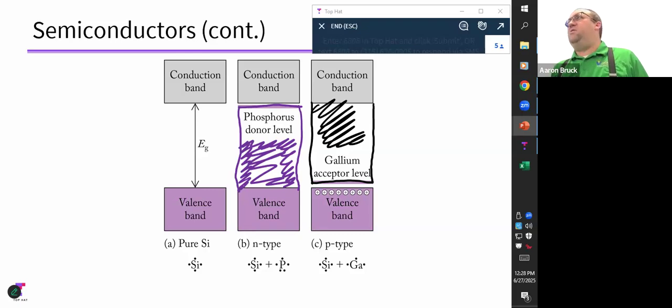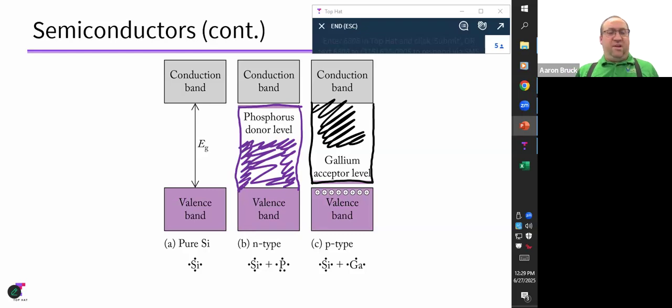You've heard of diodes, in particular those that emit light. Light-emitting diodes, LEDs, have been on the market and in prominent use now for over a decade. But this is basically how semiconductors work.